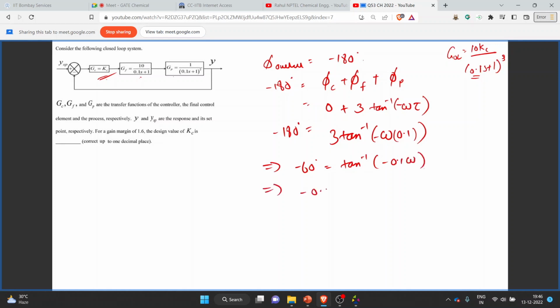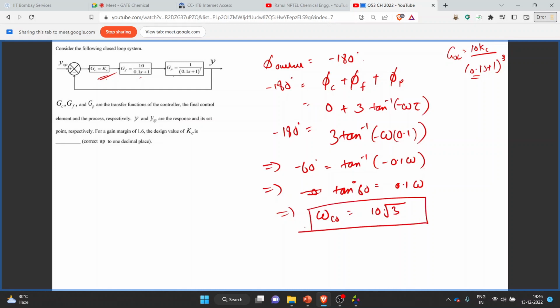That is, you can write tan 60 is equal to 0.1 omega. So omega, that is the crossover frequency, in this case will be tan 60, root 3, so 10 times root 3. So this is our crossover frequency.